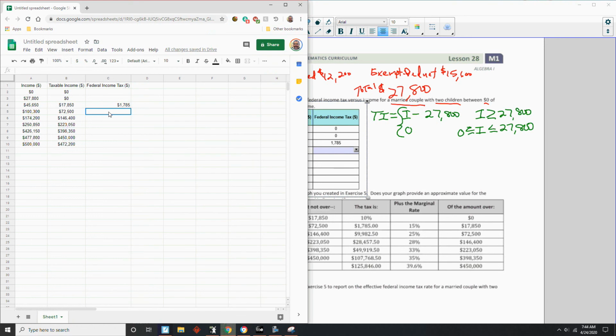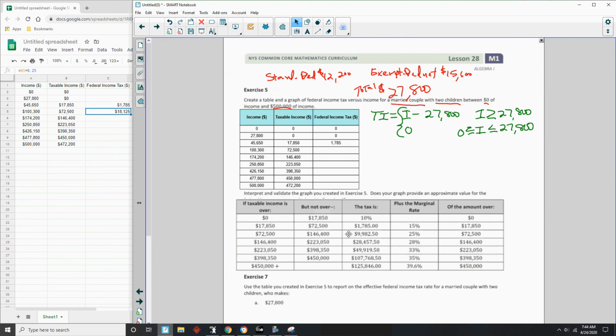So let's see if this works. So this is going to be equal this times 0.25, and it's 18. No, that's not right. So let's see. Where was I?